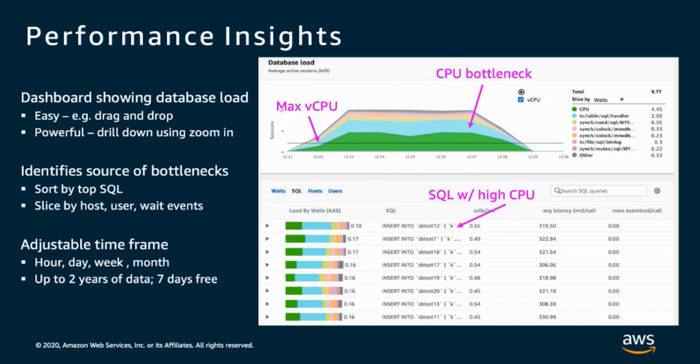In this example, you can see the max number of CPUs, which is your baseline number of CPUs. By looking at that, you can see I have a CPU bottleneck on this graph, and you can also see which queries are running at that time. So you have a very granular level of visibility into what kind of queries are running.